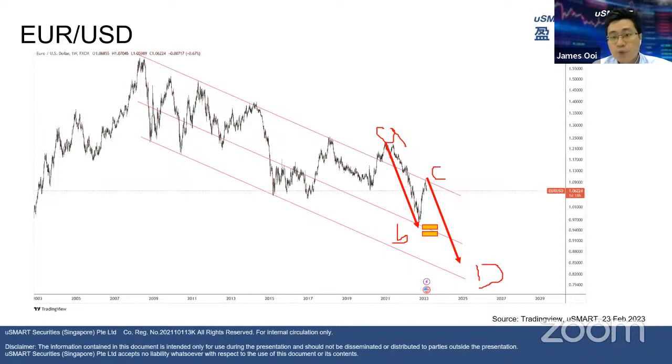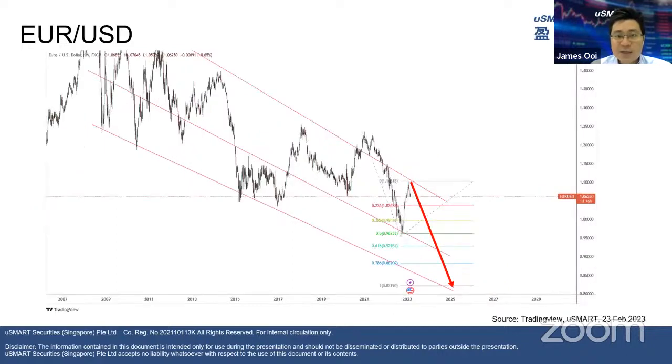So what you need to do here is to use a Fibonacci expansion. You just need to copy the movement here to here itself.